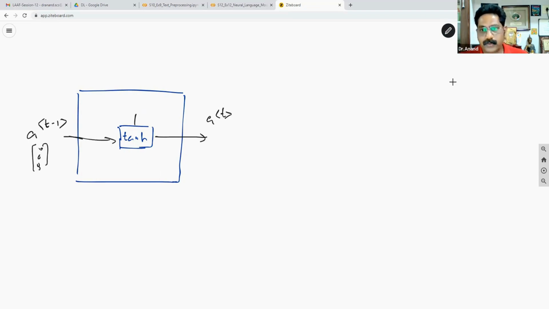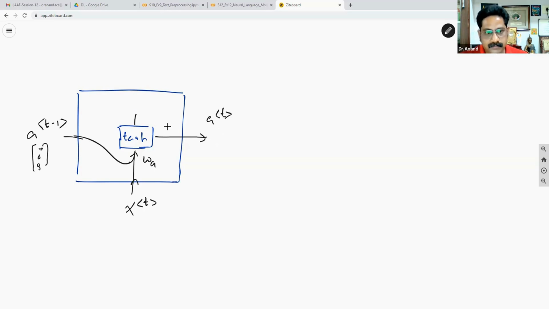So this will be coming for the calculation along with your input. Let me take this arrow a little downward, because it is going to be appended along with my current token XT. So XT and AT minus 1 are involved with the weight matrix W suffix A, right? W suffix A is entering here, and for that your activation function is applied to get AT.